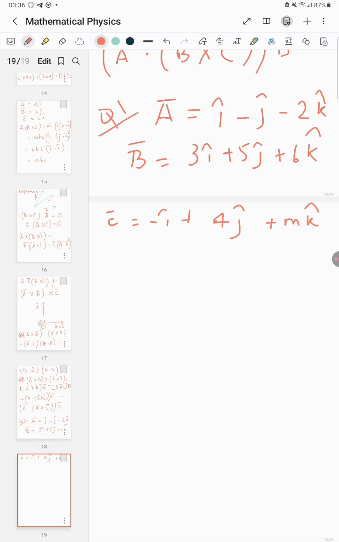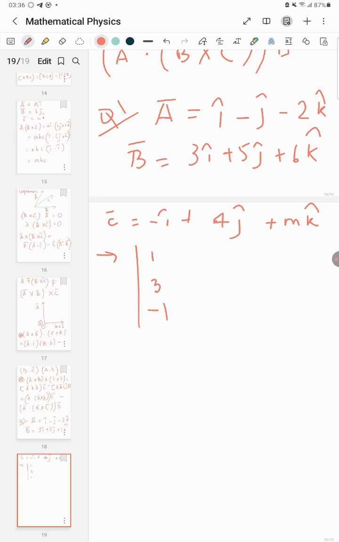So what does coplanarity mean? That the scalar triple product of A, B and C, that is A dot B cross C, should be 0. Now we have been given vectors with components. So the easiest way to find the scalar triple product is to write it in its matrix form. So what is the coefficient of i? 1, 3 and minus 1.